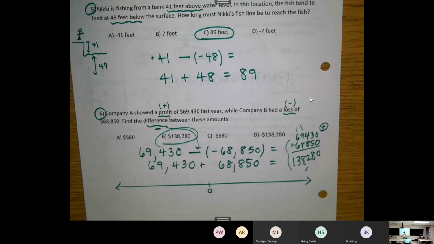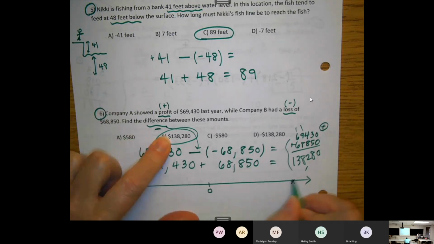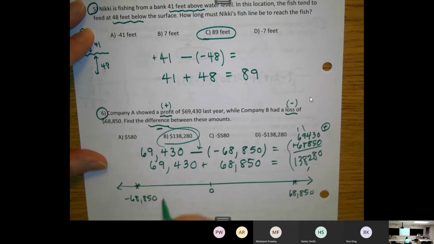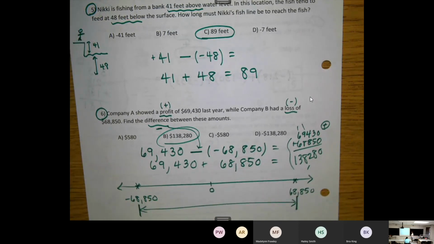If it is still not quite making sense why we ended up doing what we did, you might think about a number line and how that positive number would be way down on the right end of the number line somewhere, and that loss, the negative number, would be way down on the left. So when they're asking for the difference, it's really how far apart are they?